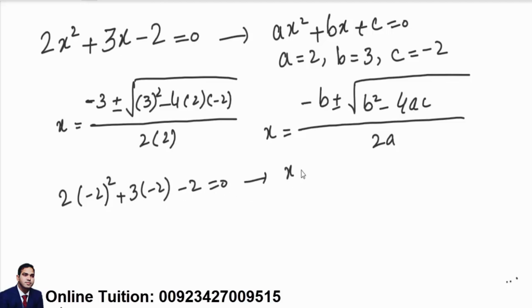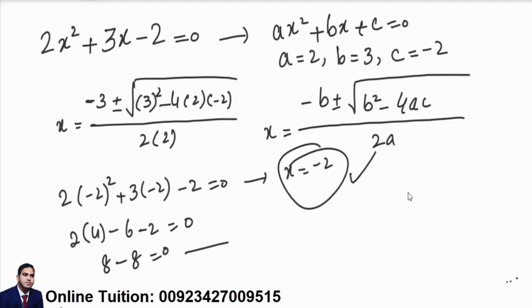Here I put x is equal to negative 2 in the equation. So 2 twos are 4, 2 into 4 is 8, 3 twos are 6, negative 6, negative 2 is equal to 0. So this is 8, this is negative 8, this is equal to 0. So this value will work, and the value of x is negative 2.